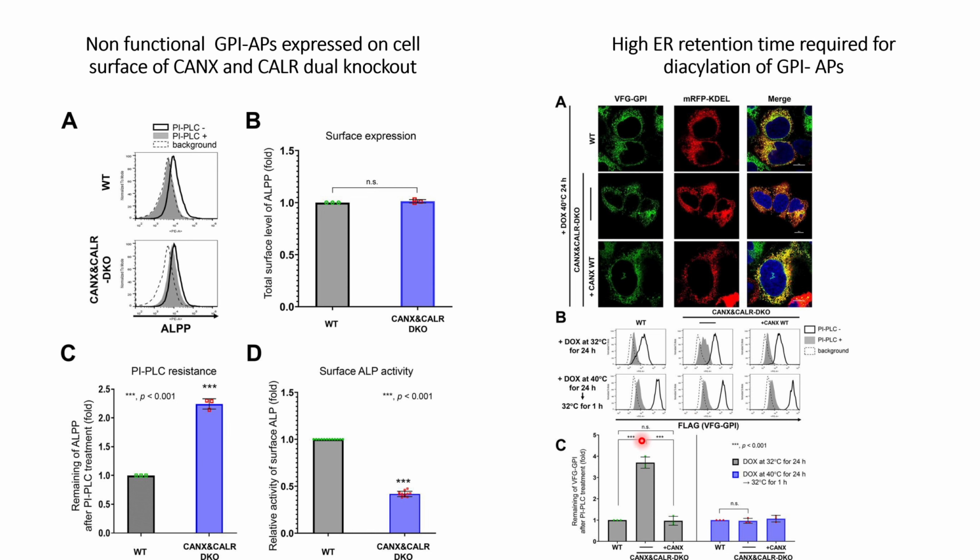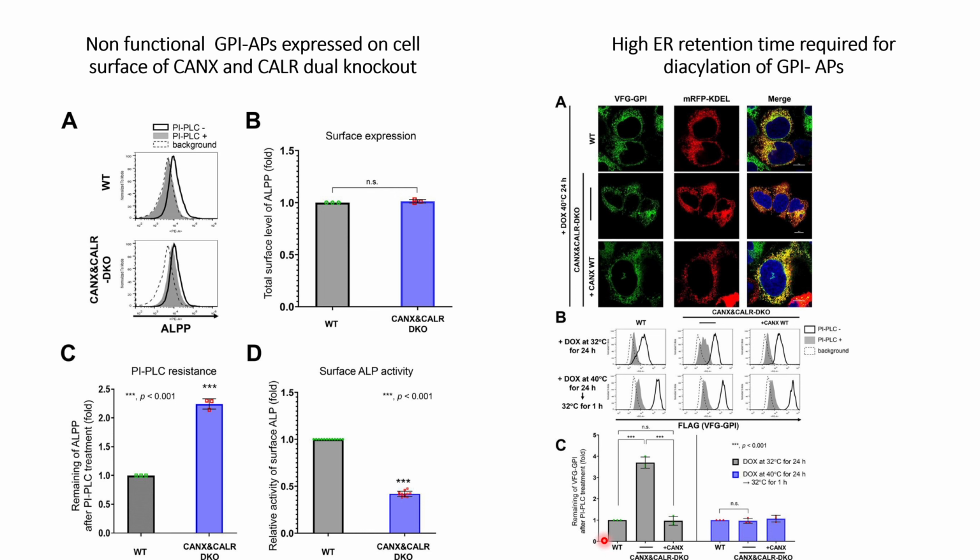So now they need to check whether these cell surface GPI-APs are sensitive to deacylation or not. In this figure they show that they are more sensitive to deacylation compared to the case where this VFGPI is cultured at 32 degrees for 24 hours.